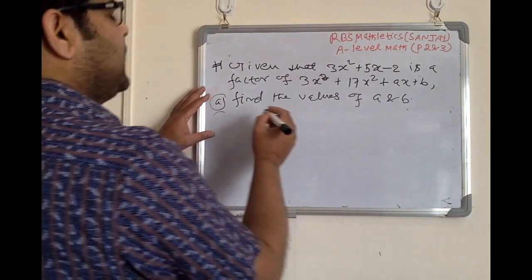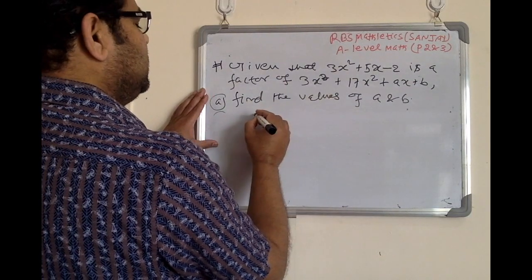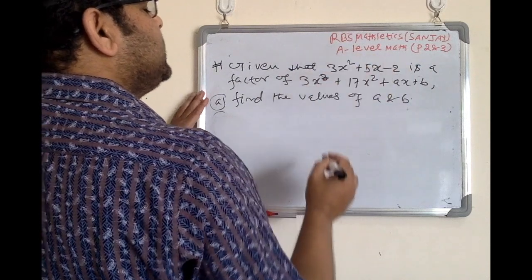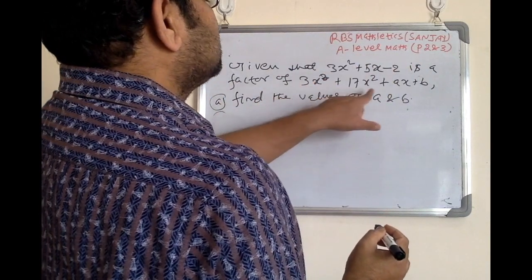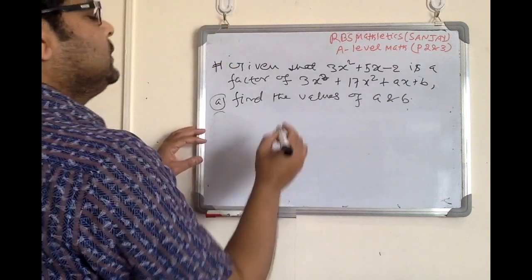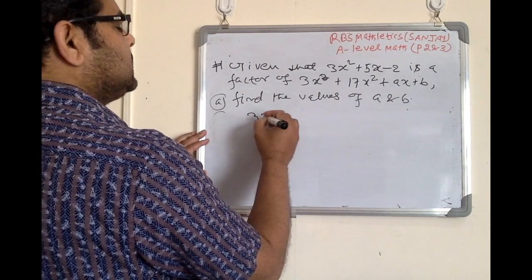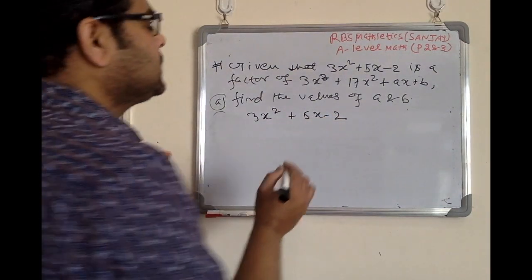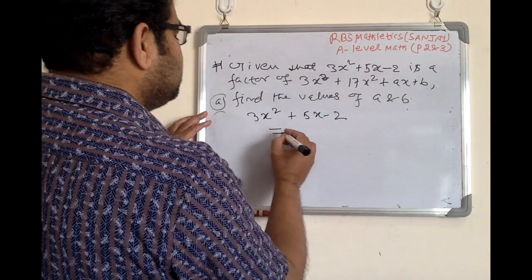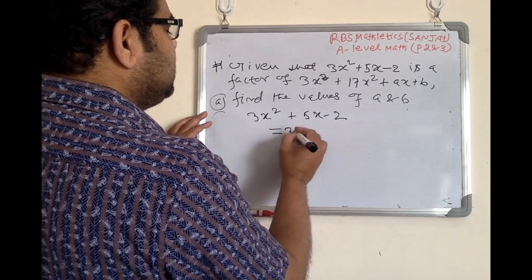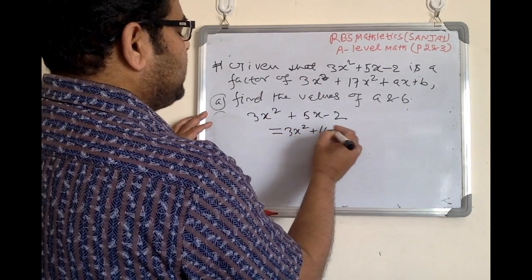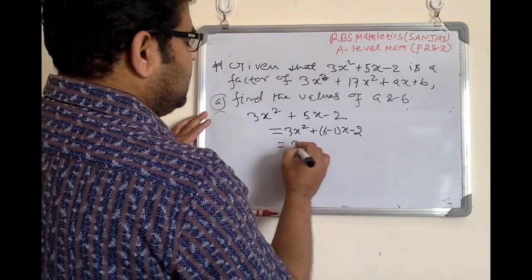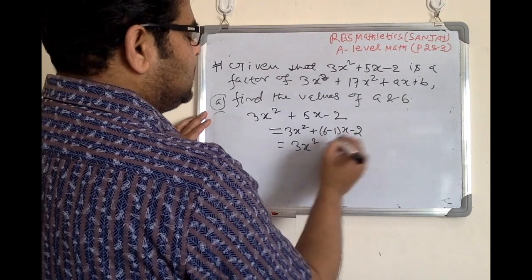So here, first of all, I'm going to factorize the polynomial that is going to divide another polynomial completely. So if I factorize this, 3x squared plus 5x minus 2, what happens? This is 3x squared, and then this is 6x minus 1x, and then this is minus 2. Open it up. I think all of you are used to this sort of method.